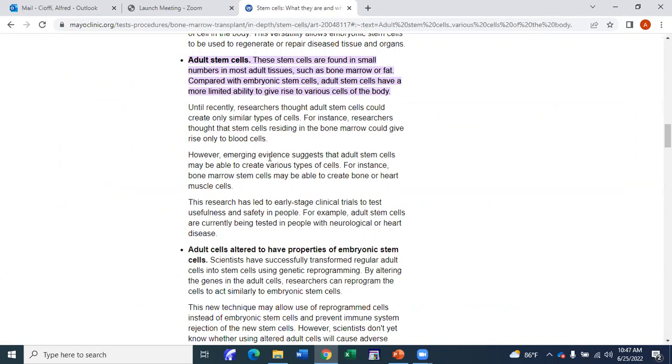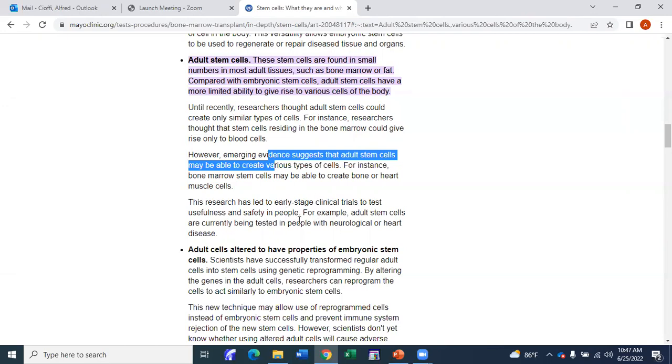Emerging evidence suggests that adult stem cells may be able to create various types of cells, right? Bone marrow, heart muscle. Okay, so you can see this current site is from Mayo Clinic, which is internationally renowned, and they are essentially saying that there's potential here.